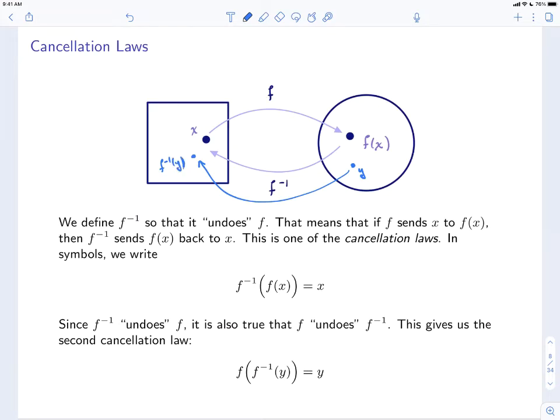And then f will take this point back to y. So in the same way that f inverse undoes f, f undoes f inverse, and that gives us the second cancellation law. F at f inverse of y is y.